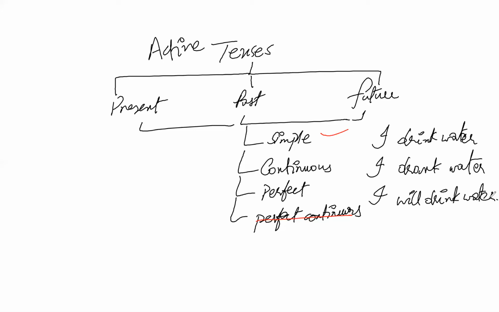The only things that will be affected in the passive structures are subject and object. This is the subject, and this is the object. They are going to change places, as I told you earlier. Water is going to come over here. Water is drunk by me.